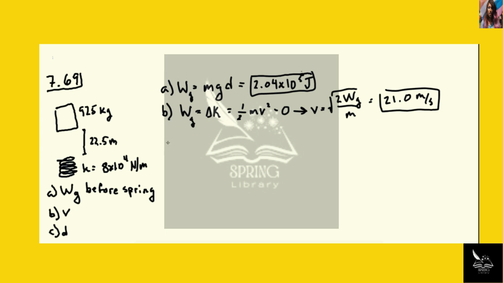So the elevator is starting from rest, and then when it reaches the bottom of its travel on the spring, it's at rest again. And so the net amount of work that's done on it between those 2 points has to be 0, because the change in its kinetic energy is 0.